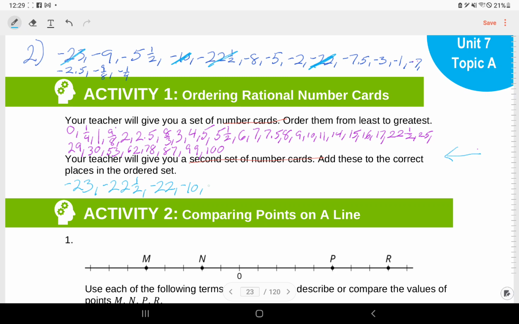A -9, -8, a negative 7.5, a negative 7, no negative 6, but a negative 5.5, and then a negative 5.